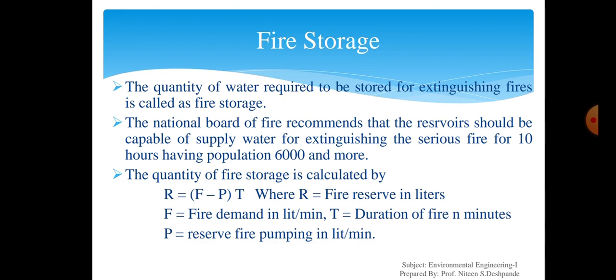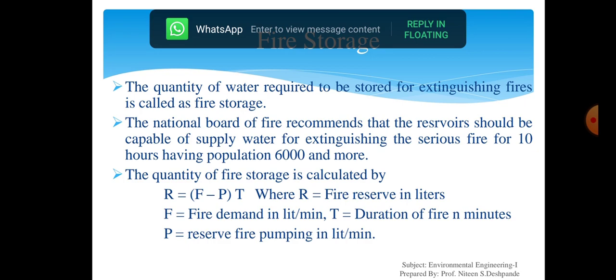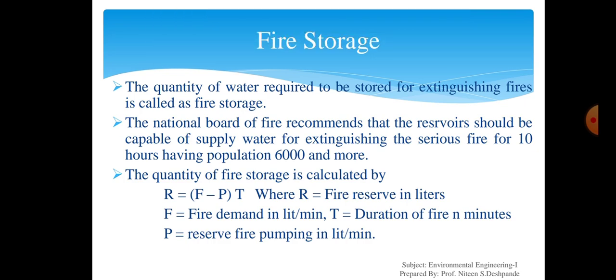The fire storage or the reservoir should be capable of supplying the water for extinguishing the fire for at least 10 hours, and the quantity of this fire storage is calculated by R = (F - P) × T, where capital R is the fire reserve in liters and capital F is the fire demand in liters per minute. There are some formulas to calculate the fire demand, such as Kuichling's formula, Boston's formula, and Wright's formula.